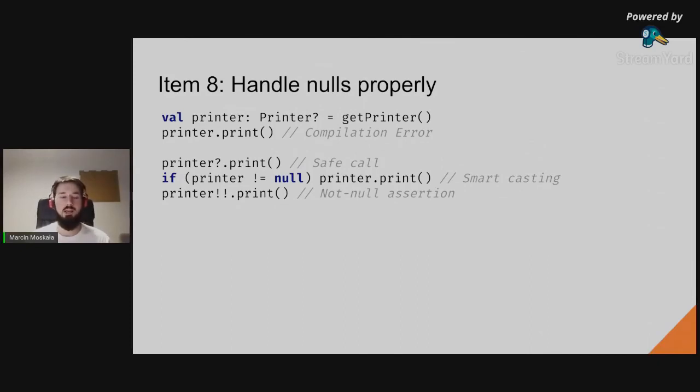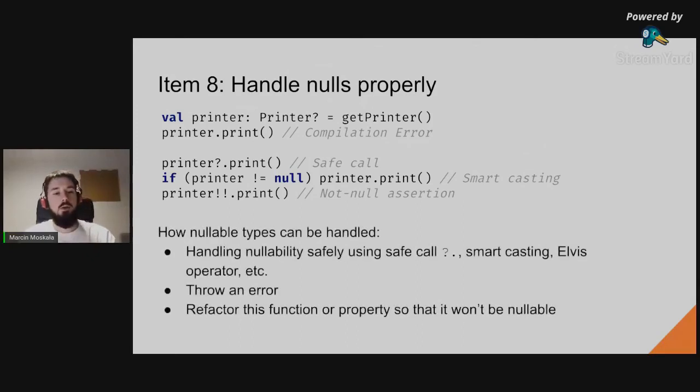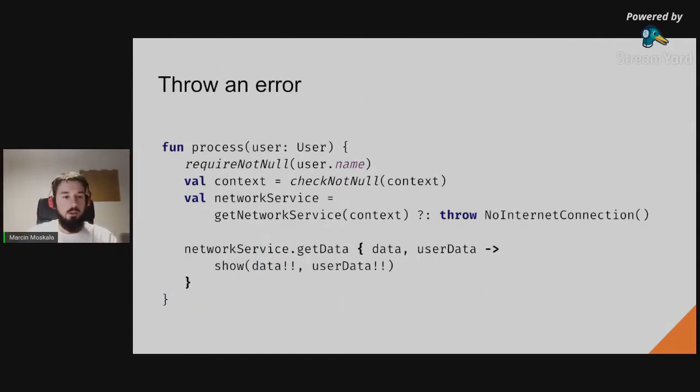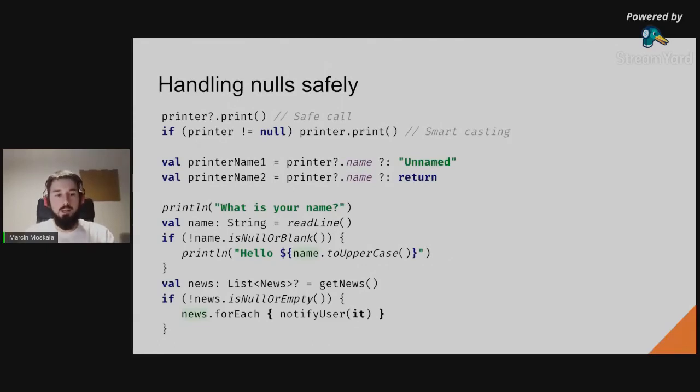But if you assume that, hey, this variable at this point will not be null and this will be printed, it's better to use some more aggressive option. And in this case, smart casting works the same as safe call, and not null assertion is a more aggressive option. Though I'm not saying it's the best option, you can also use other functions like require not null and check not null that give you better explanation.